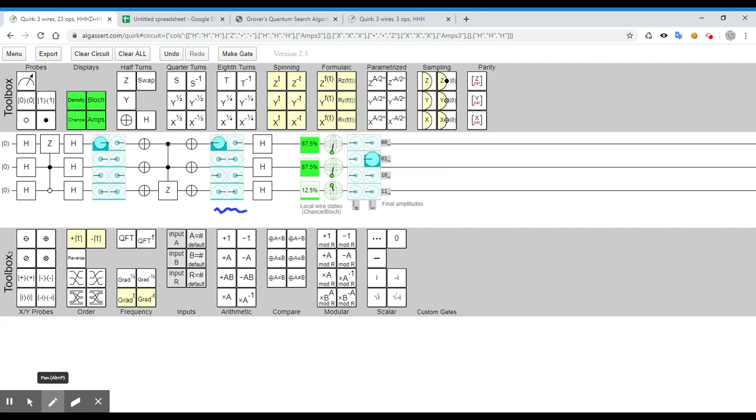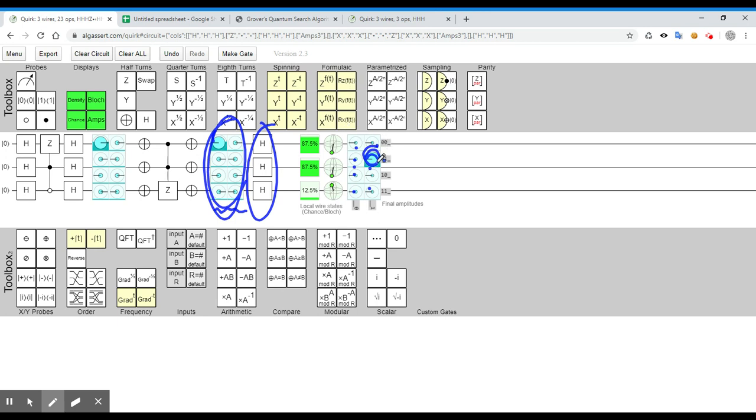And now when you apply the last layer of Hadamards, intuitively, if this would be an equal superposition, you would basically just get that element. But because it's not an equal superposition, you're getting almost that element, and the rest kind of stays spread out in here.